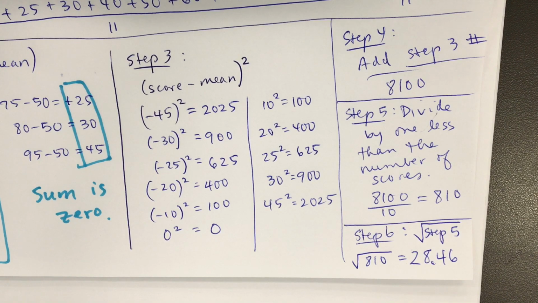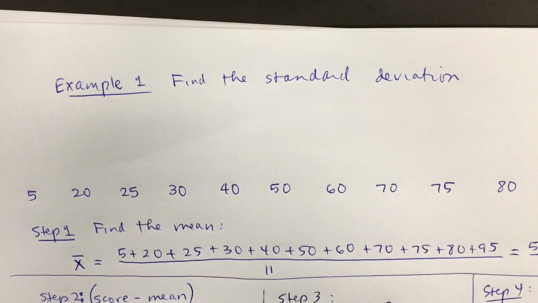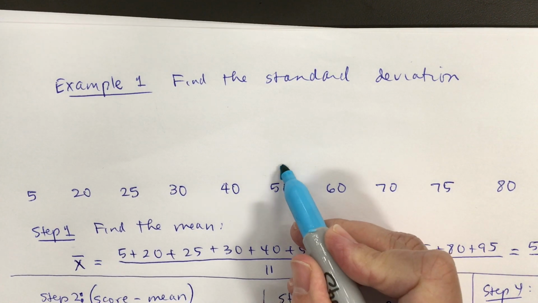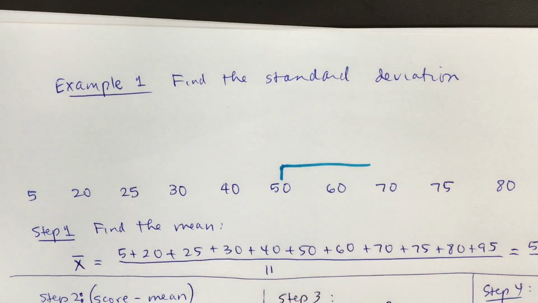I want to do a little interpretation of what this means. I will go back to the top where I have all the numbers written. And the mean is 50. This is an average of how spread out the scores are from the mean. So with the mean of 50, I want to start at 50 and add the standard deviation.